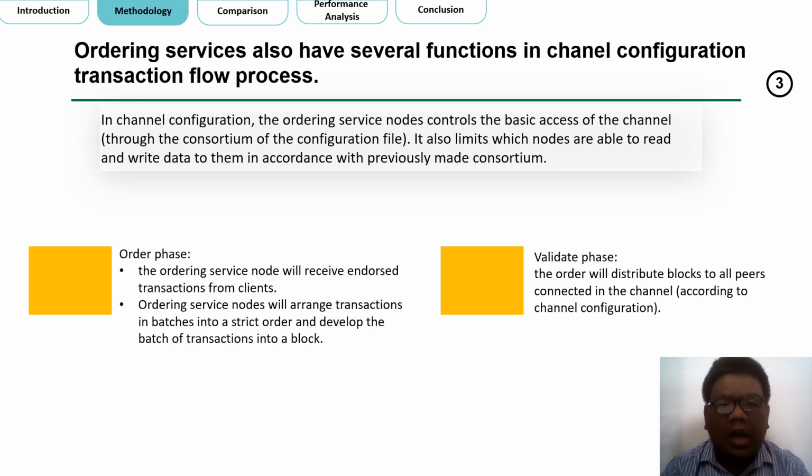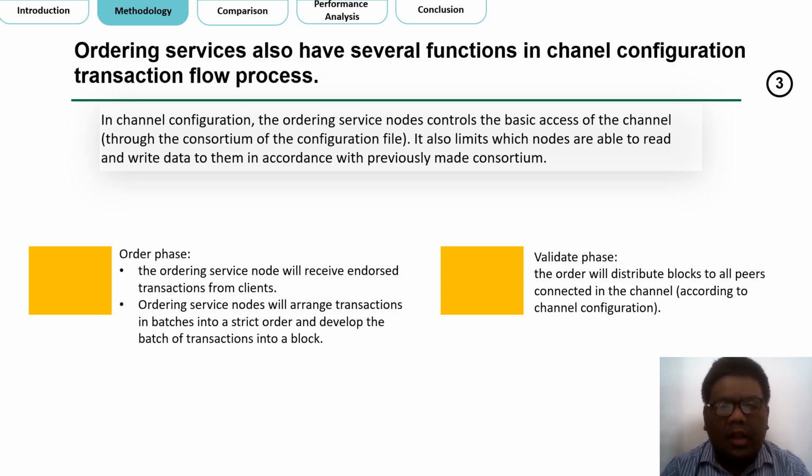Ordering service nodes also have several functions in the transaction flow process. In the order phase, the ordering service nodes receive the endorsed transactions from clients. After the process of receiving transactions reaches the batch size, or the limit of the number of transactions that can be received per batch, or the batch timeout, the ordering service nodes arrange the transactions in the batch into a strict order and develop the batch of transactions into a block.